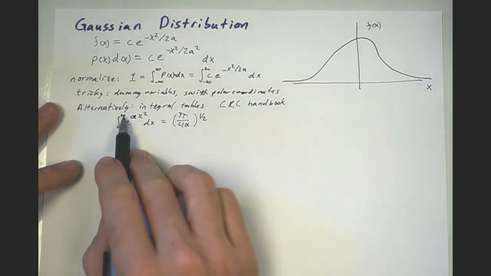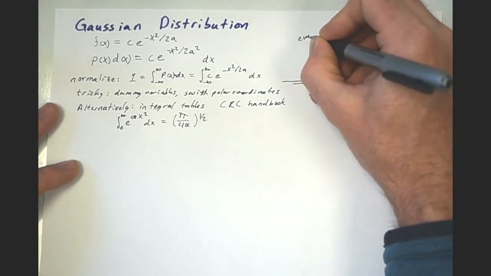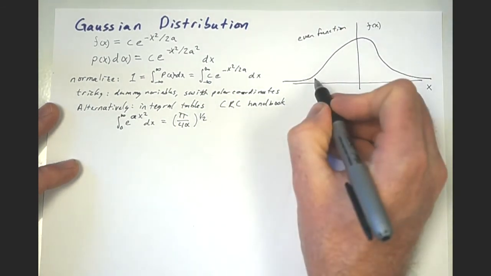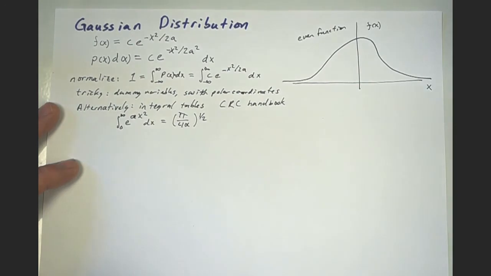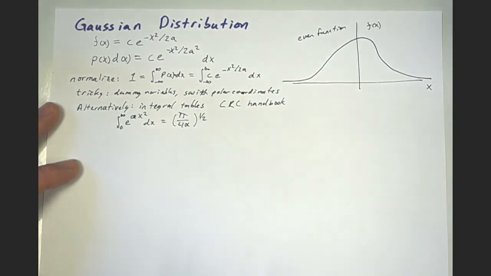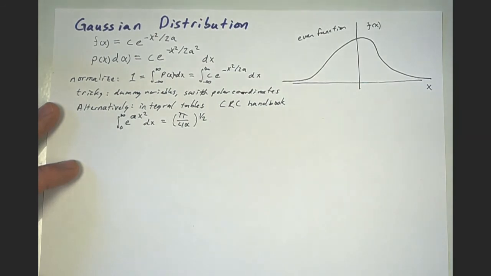The reason this is only given from 0 to infinity is that this is an even function, meaning that the left side, where x is less than 0, is equal to the right side. So the integral of the left side is equal to the integral of the right side, and for the integral of the whole thing, we just multiply by 2.